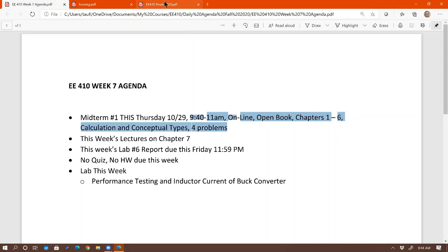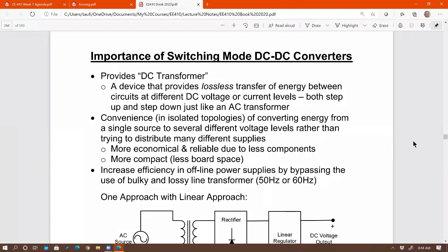Okay. All right. If not, let's get started with our chapter 7. I already started the discussion on the first function of DC to DC converter, which is providing us with a DC transformer. Very nice, right? Now we have a transformer for DC because of this technology, DC to DC converters. And also with DC to DC converter, we have the convenience of converting energy from a single source to several different voltage levels rather than having many supplies.